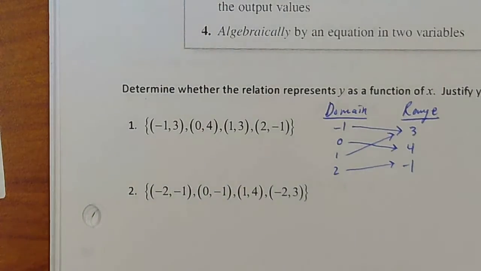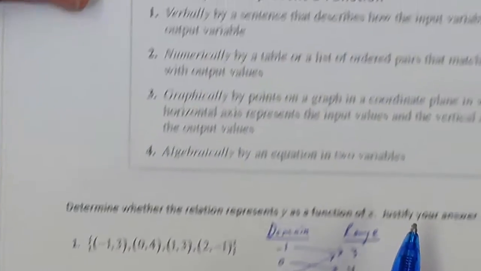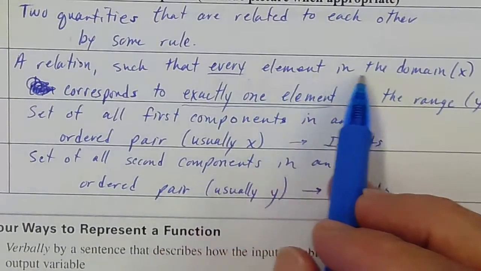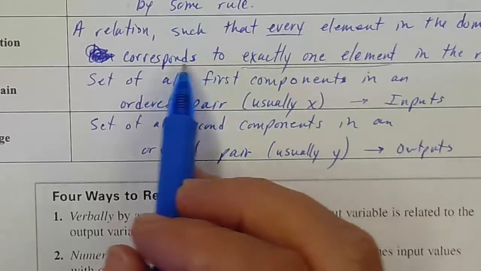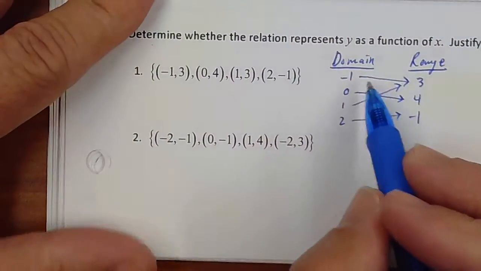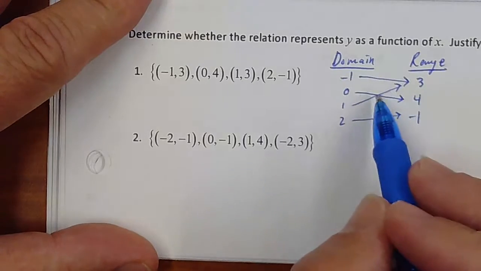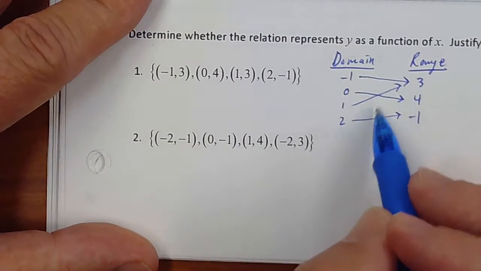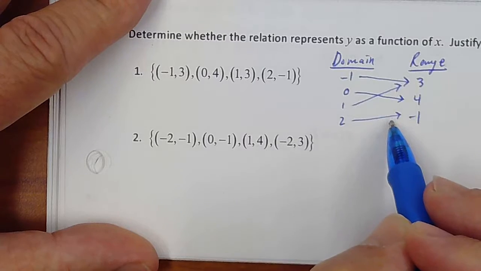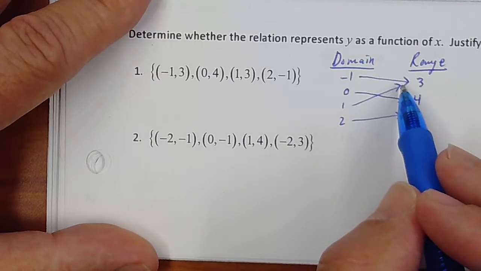Okay, now, if we look at this definition, does each X, or every X, correspond to exactly one element in the range? This X value has exactly one Y value. This X has one Y. This X has one Y. This has one Y. This is fine. They can share the same Y value.